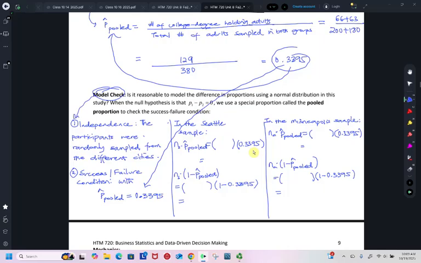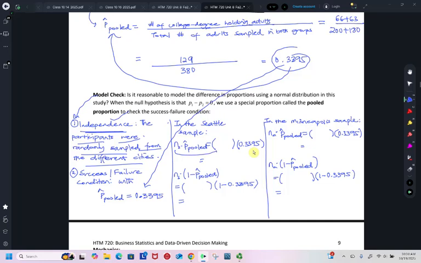The first condition to check under the model check is the independence check. And we notice that since the participants were randomly sampled from different cities, that checks out the condition of independence of data values. Then secondly, we go to the Seattle sample. How many people were in the Seattle sample?